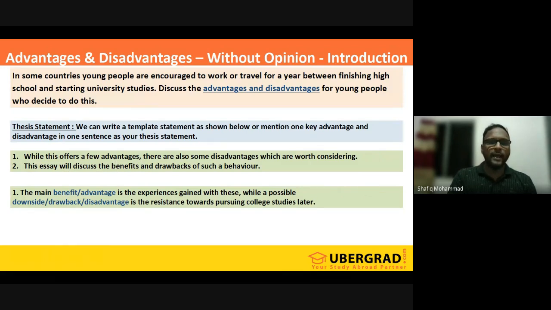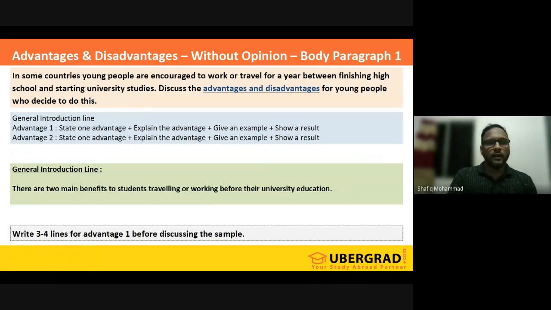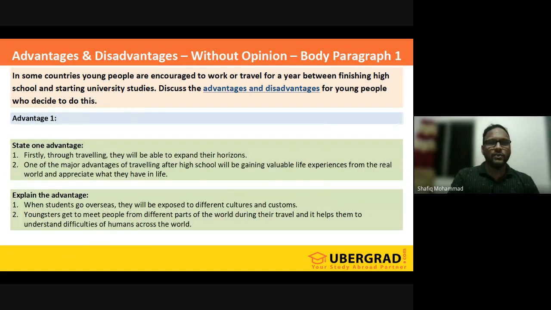Okay, and let's see. So he has given some general introduction. Then: there are two main benefits to students traveling or working before university education. So now he's talking about the benefits. So, stating one advantage.